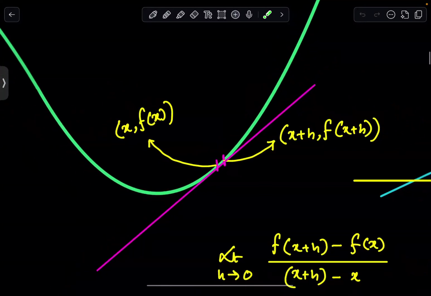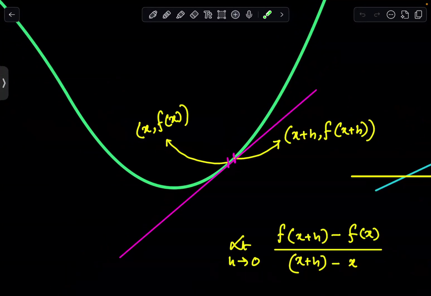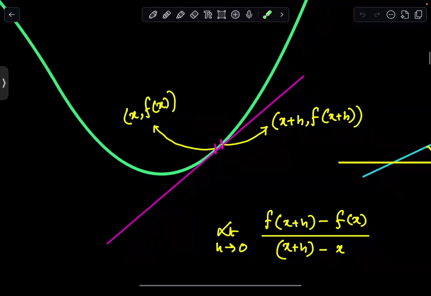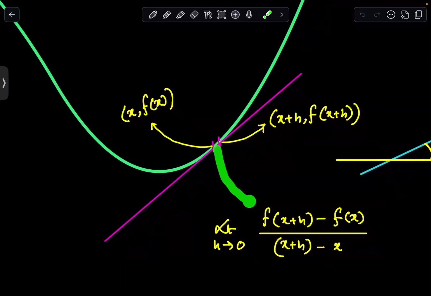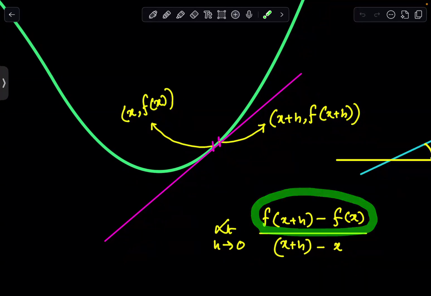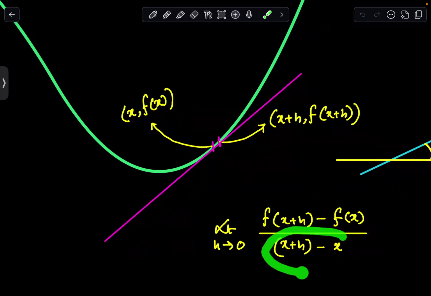Now, if we ensure that h is very small, then we can ensure that the span we are considering is very small. A very small part taken from a curve can be treated like a straight line, and hence the rate of change for this specific portion can be marked as change in ordinate divided by change in abscissa.